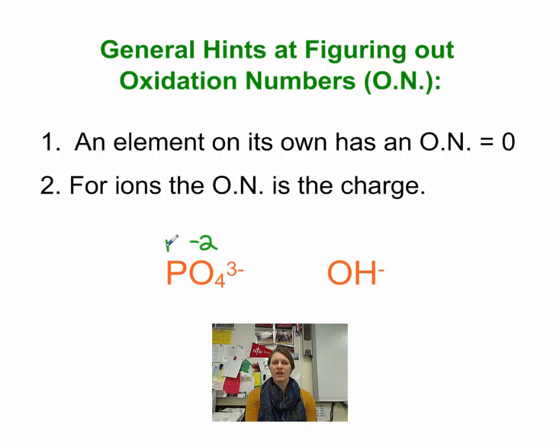And so then I know that phosphorus is going to be +5 because it has to equal a total of -3. Over here, oxygen is going to have a -2, hydrogen is going to have a +1. Typically, we've been wanting those to balance to 0, but because this is an ion, a polyatomic ion that has a charge, we want our oxidation numbers to equal that charge.